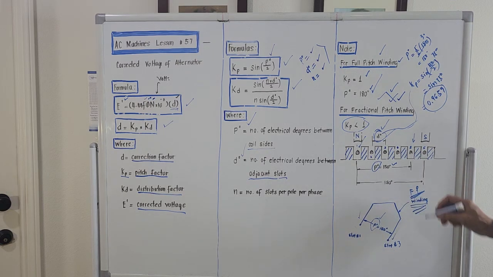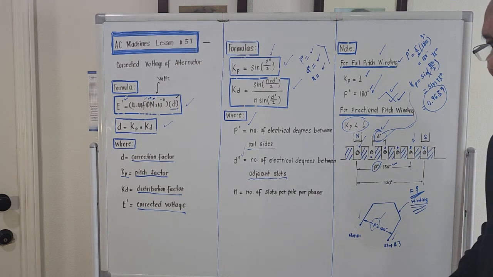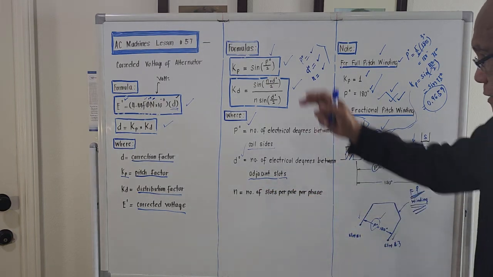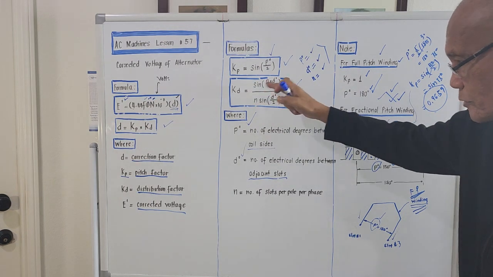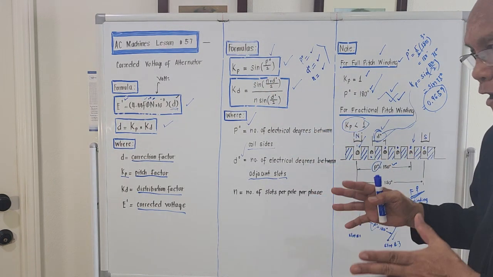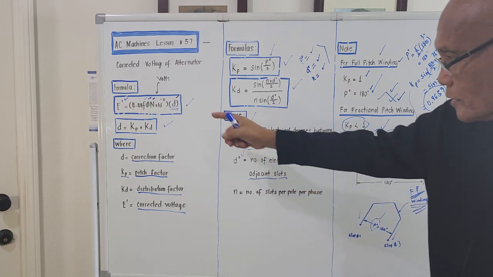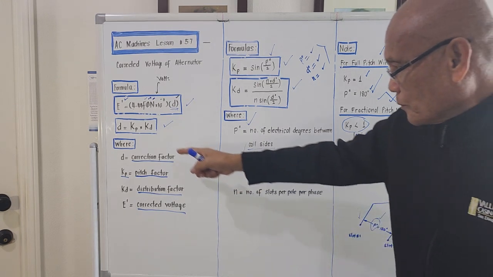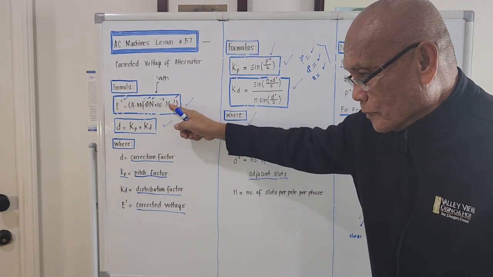Okay, that's it, guys. The next time around, I will be discussing some annotations regarding pitch factor and distribution factor. But for tonight, I have already given you the formulas on how to compute the corrected voltage. The corrected voltage is the product of the pitch factor and distribution factor.